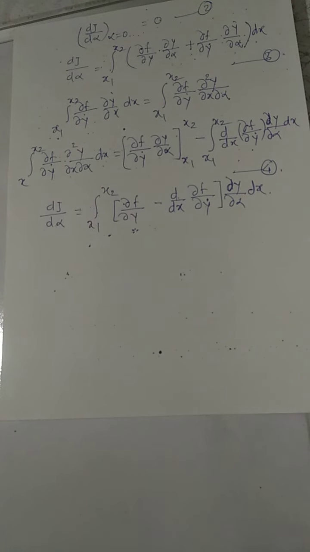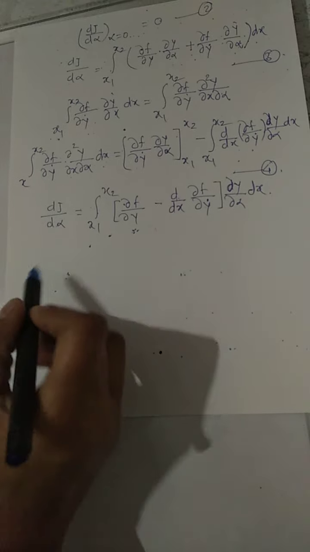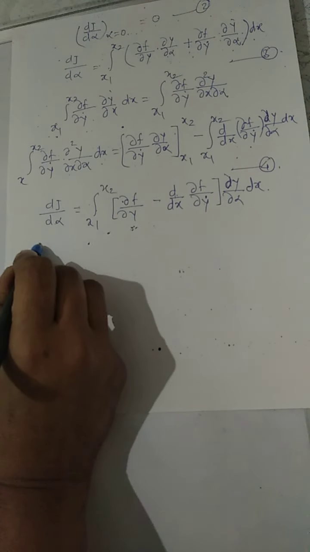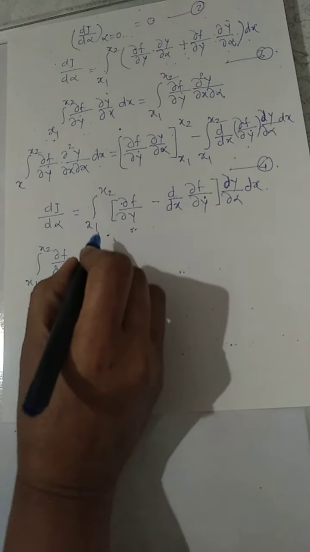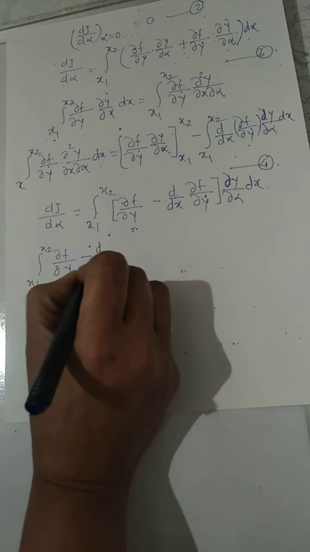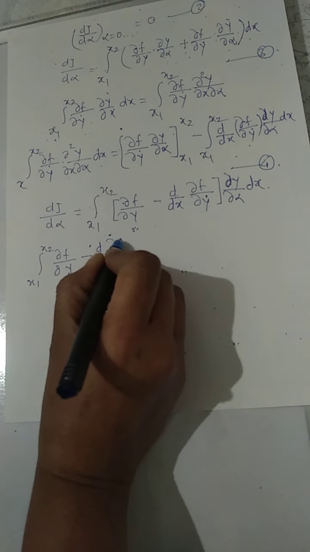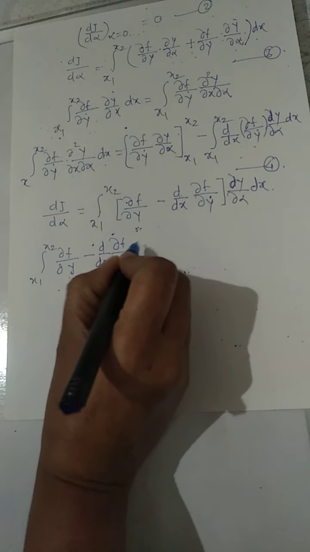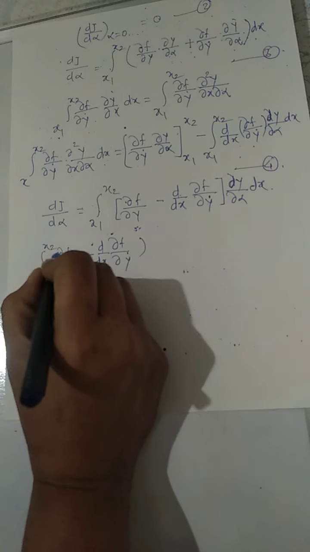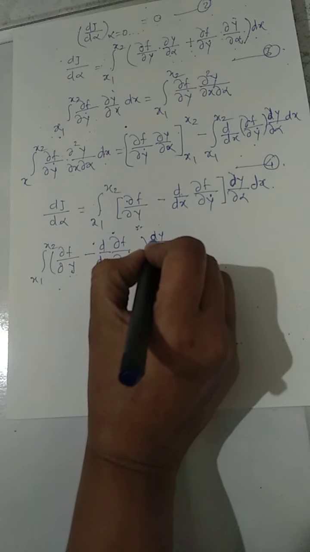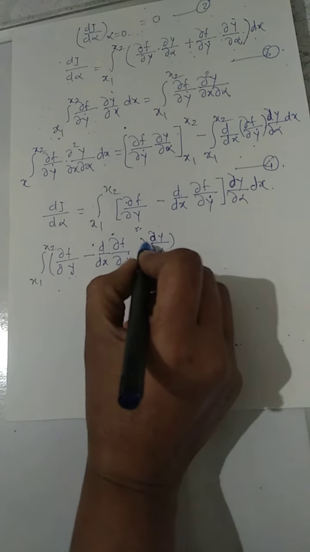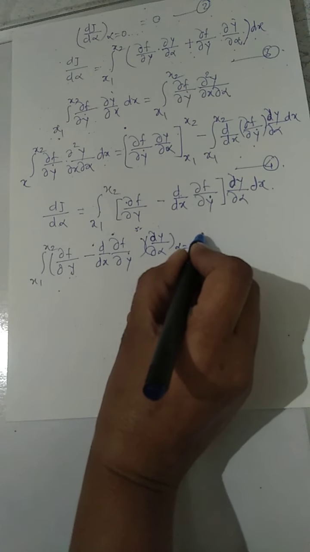Therefore the equation becomes the integral from x1 to x2 of ∂f/∂y minus d/dx of ∂f/∂ẏ, times ∂y/∂α at α equals 0, dx equals 0.